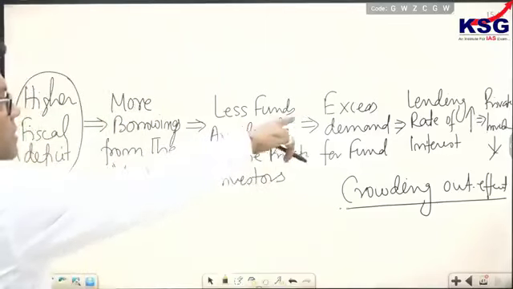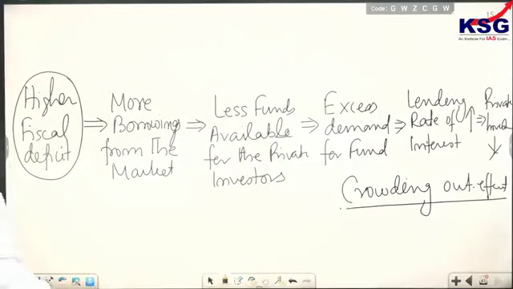In the last, I have written private investment, and the arrow represents fall. If there is a higher fiscal deficit, then definitely the government is going to borrow more from the market. And what is there?